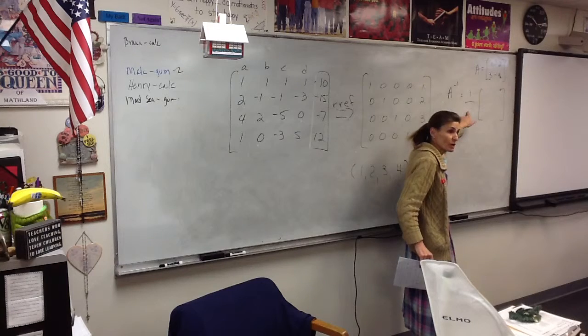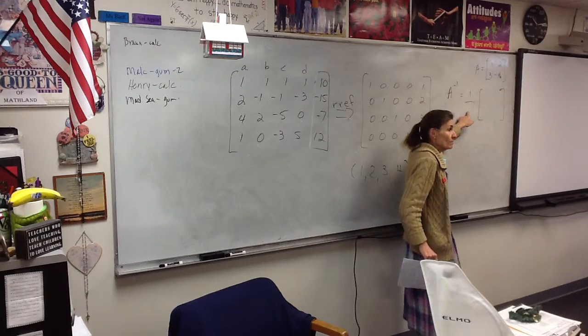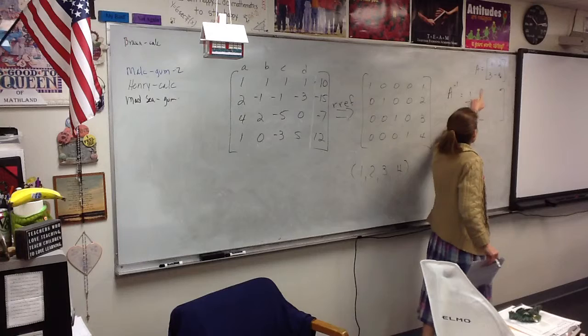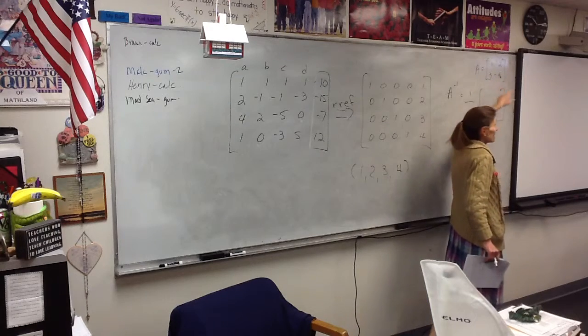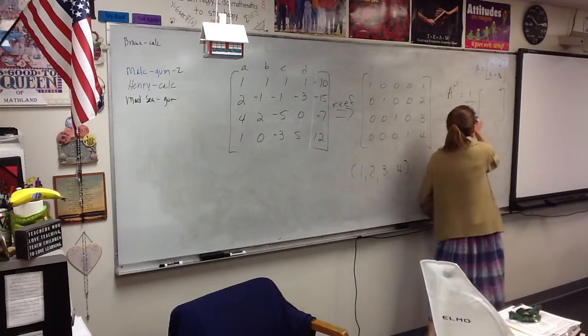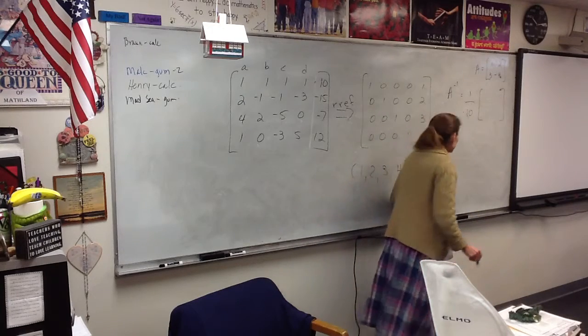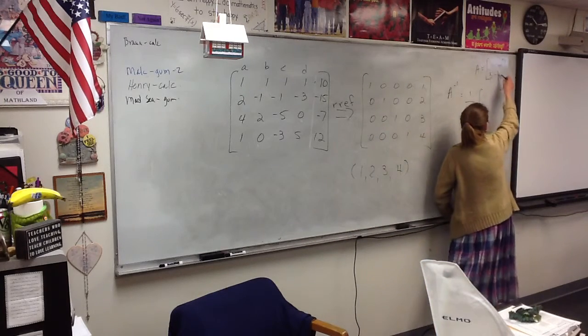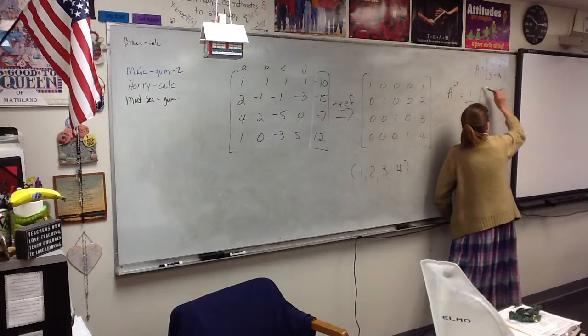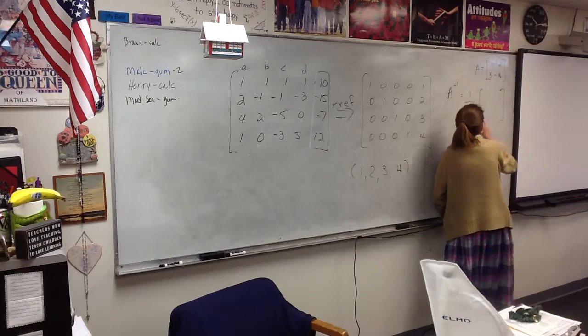What number is going to go here? The determinant. And what will the determinant of that matrix be? Negative 10. And for those of you that have forgotten how to do a determinant, remember, it's this minus this. So it's negative 4 minus 6.